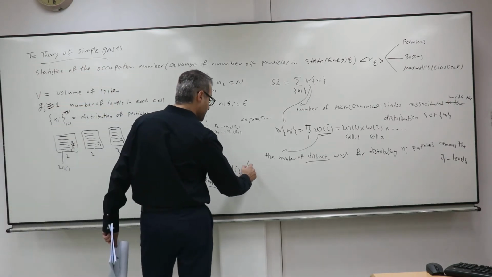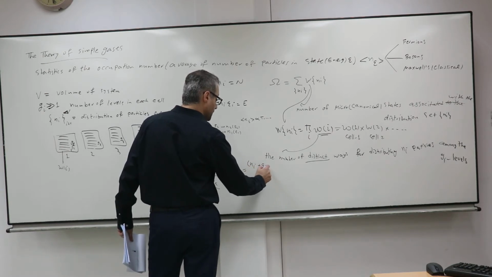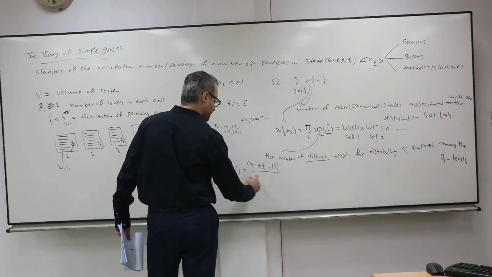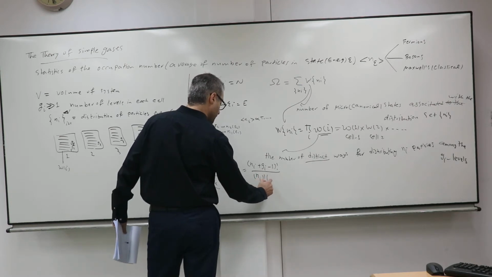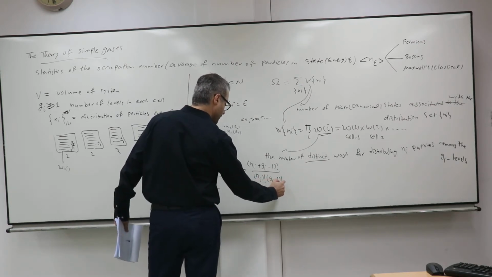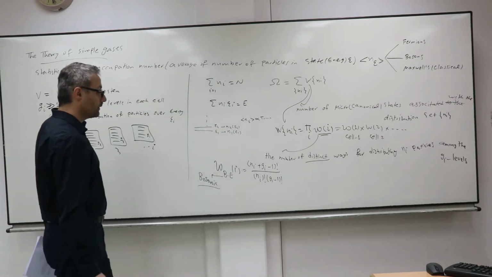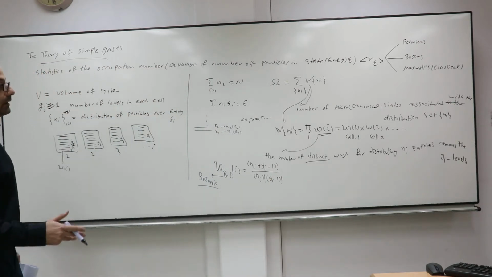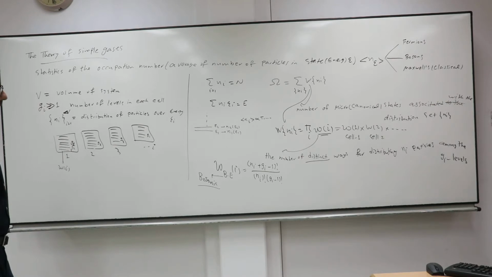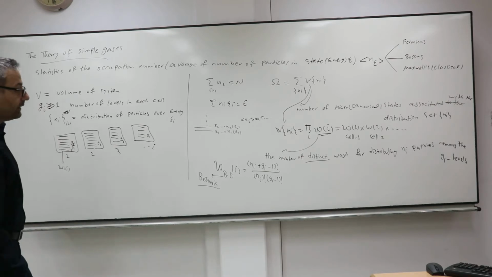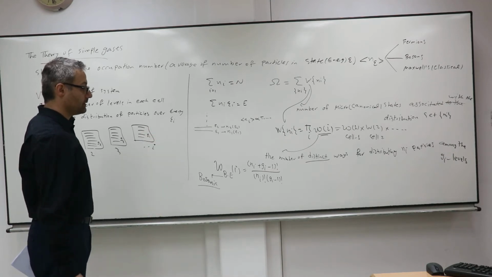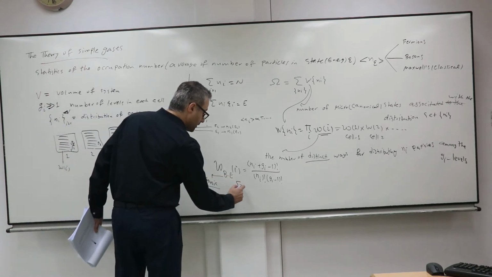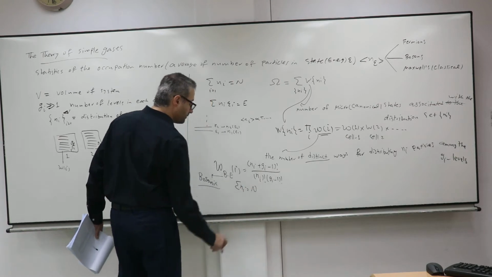So in this case, that will be the number of the whole possibilities you have to distribute Ni particles over the Gi energy levels. Still, sigma Ni should be N.